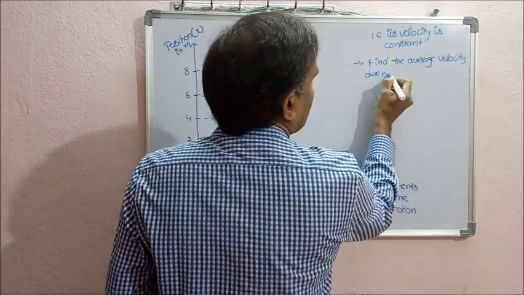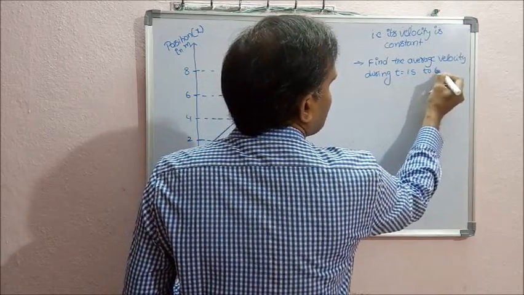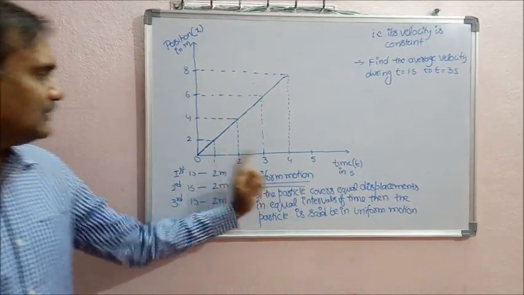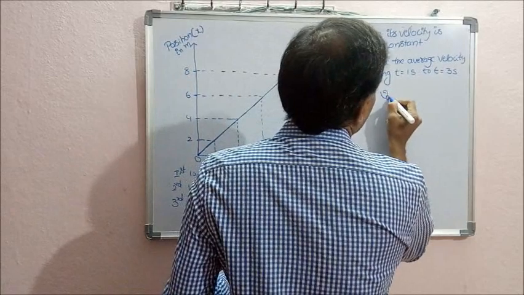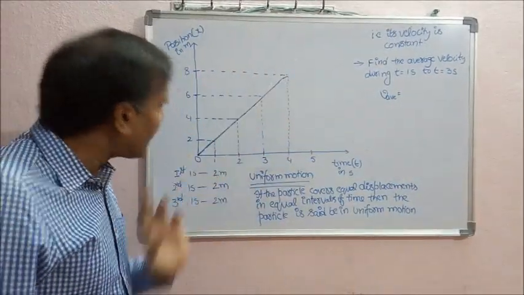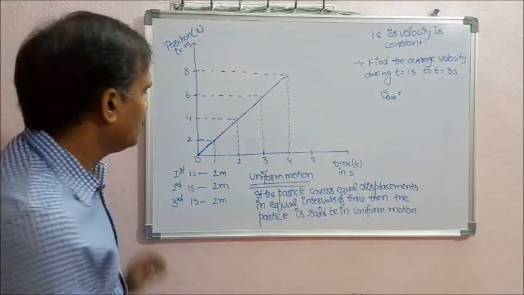How to find out that average velocity? Slope of that line indicates average velocity.